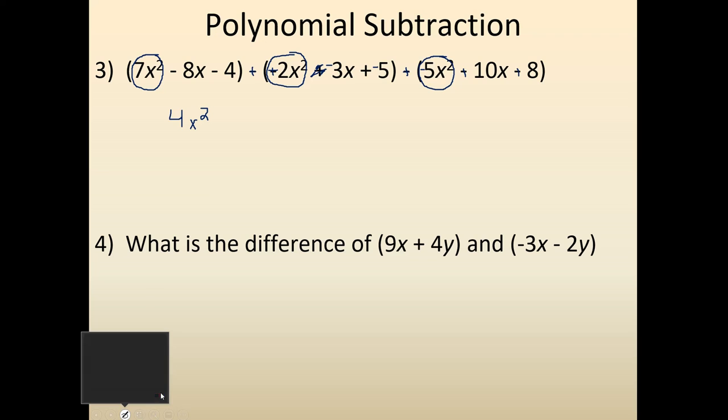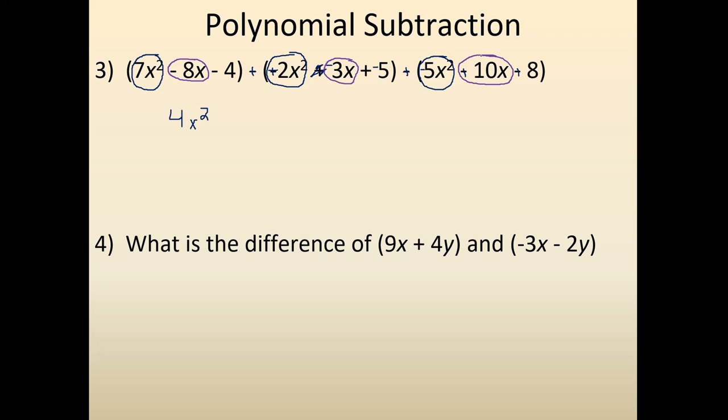For the next term, minus 8x minus 3x and plus 10. So negative 8 plus negative 3 plus 10 gives me minus 1x. Or if you want, you could just simplify that to be minus x.